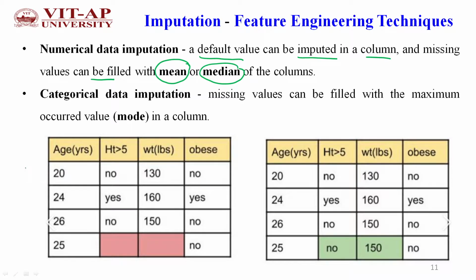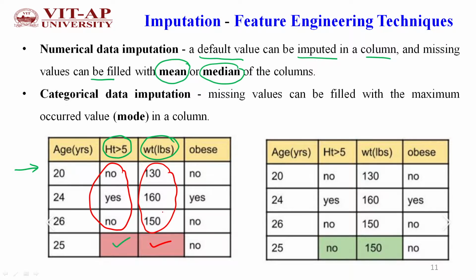For example, in this given data set, the height variable is missing values and the weight variable is also missing values. So here we have to fill these missing values. Here height is a categorical value and weight is numerical.